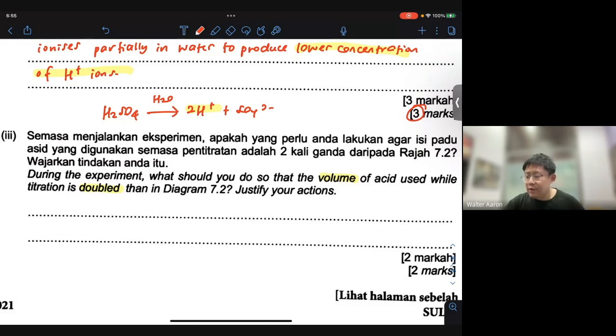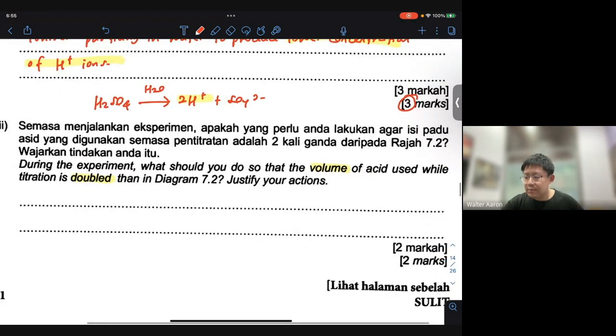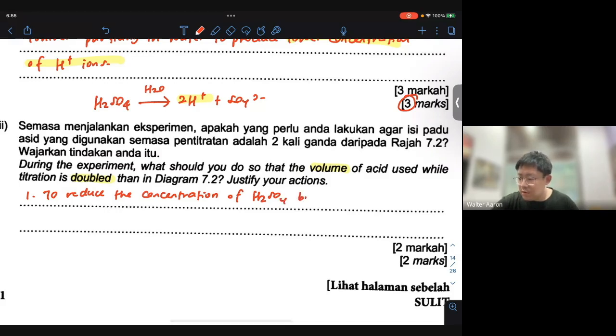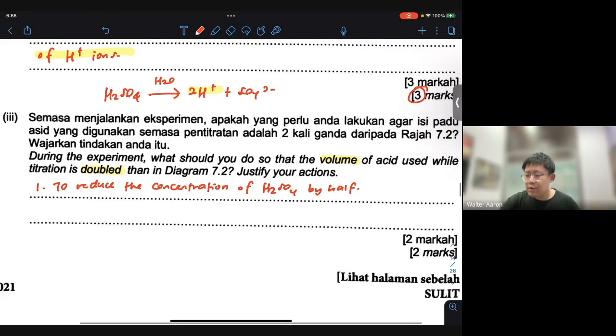So the first type of answer you can put in will be to reduce the concentration of sulfuric acid by half if you want to.